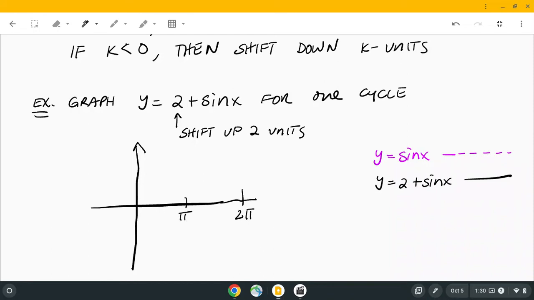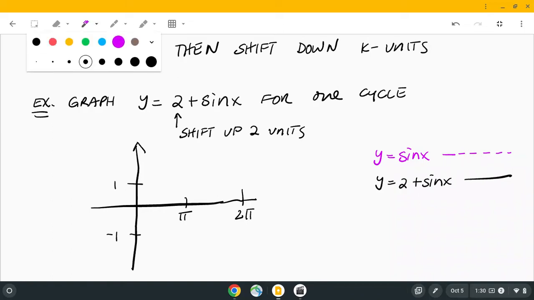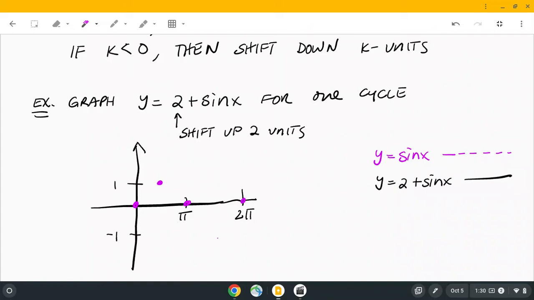For the original, the max was 1 and -1. I'm going to do the purple original graph right now. So we have 0 here, 0 here, 0 here, halfway between 1, halfway between -1. So this is my original sine graph.